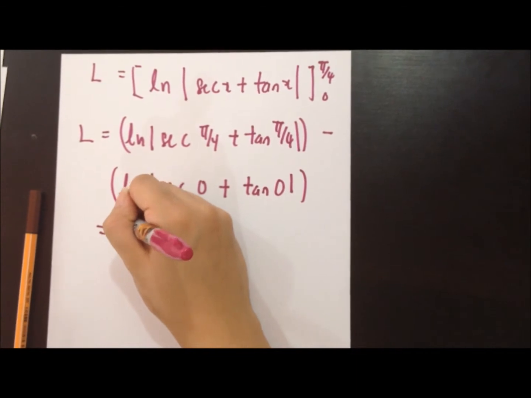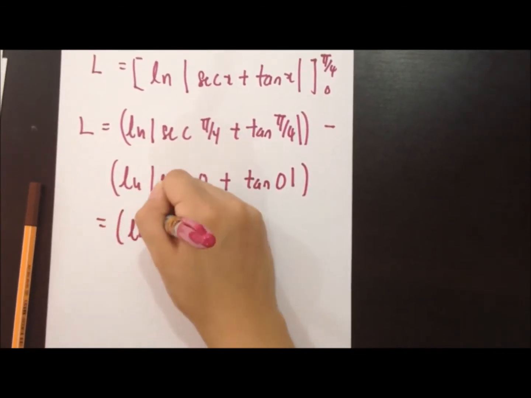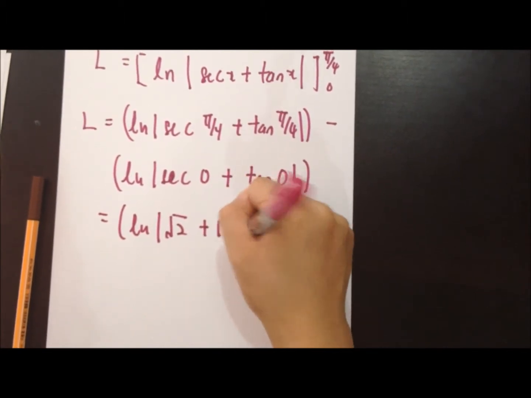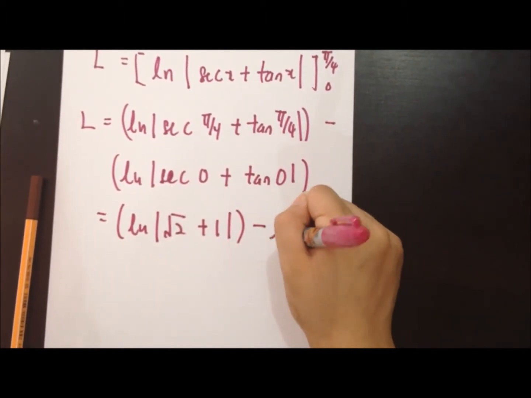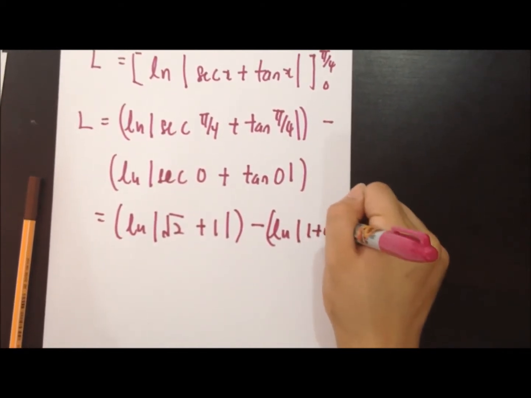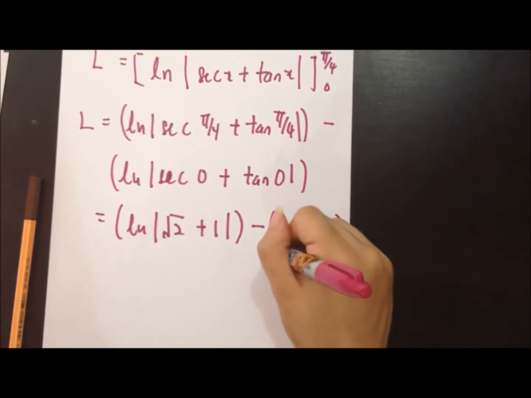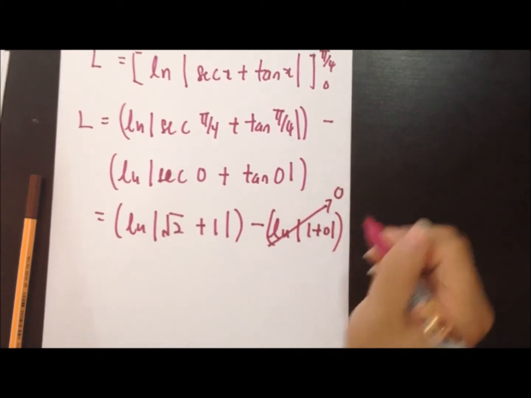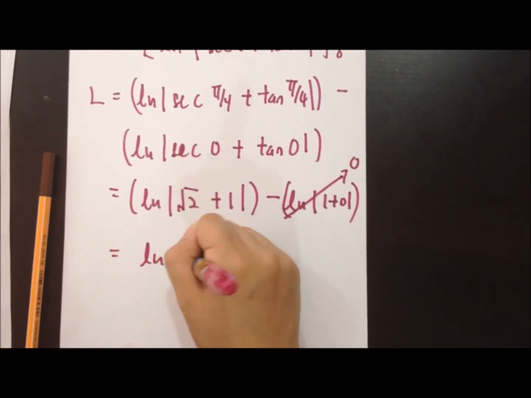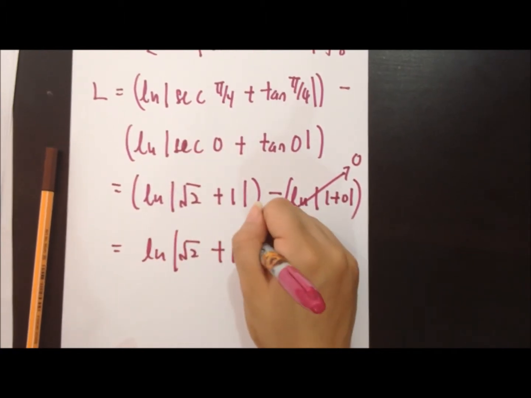So the answer will be ln of square root 2 plus 1, minus ln of 1 plus 0. So ln 1 straight away is equal to 0. So the answer is ln of square root 2 plus 1.